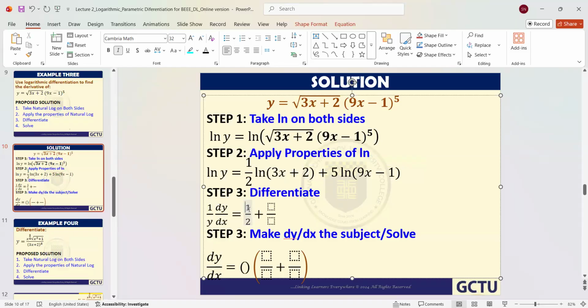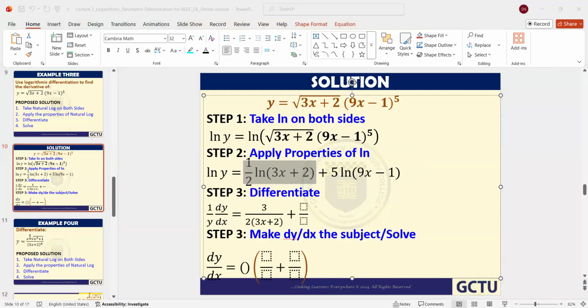So the numerator is simply going to be 1 times 3. That gives me 3. And then you repeat the whole function in the denominator. Remember there's a 2 already in the denominator, so I'm just going to multiply this by 3x plus 2. So when I differentiate, I'm going to get 3 divided by 2 into bracket 3x plus 2.